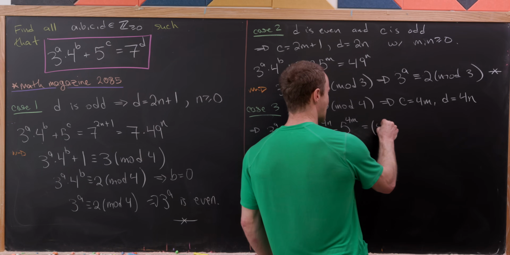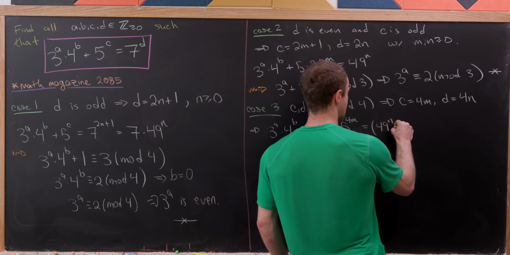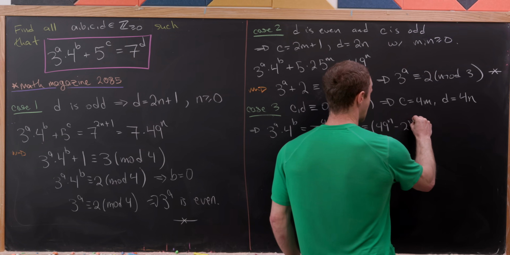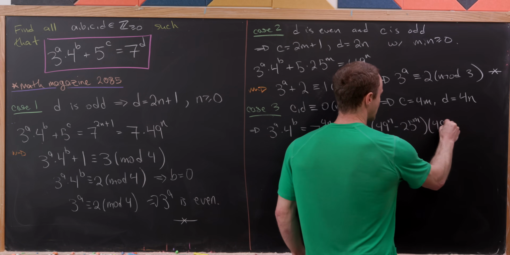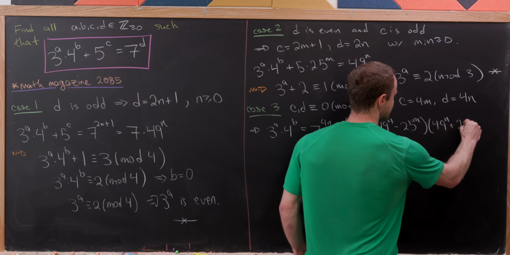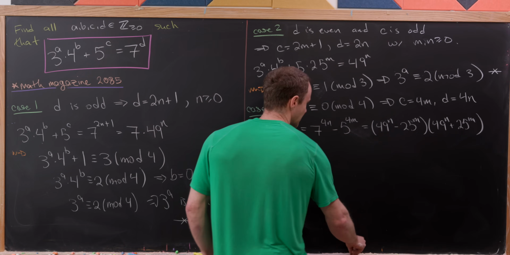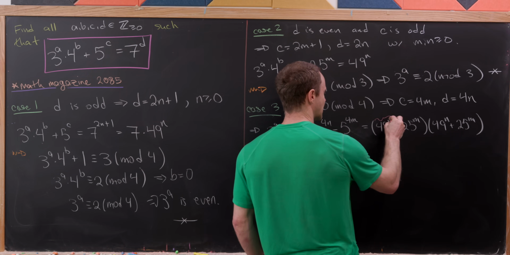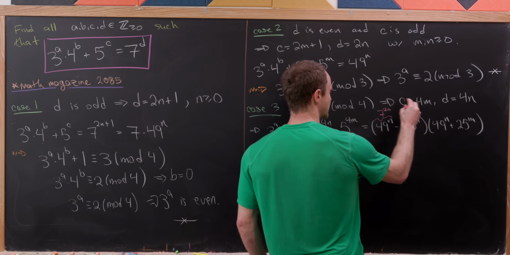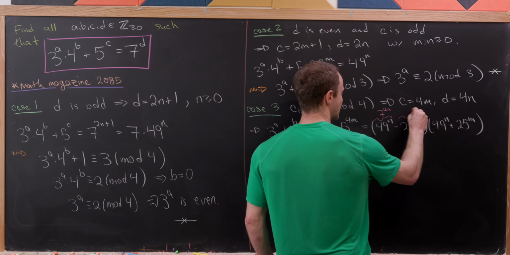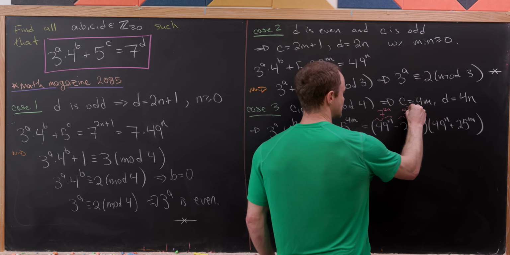So I'm going to write this as 49 to the n minus 25 to the m, and then 49 to the n plus 25 to the m. Just keeping in mind here that I'm really thinking about this 49 as 7 to the 2n, and then this 25 to the m as 5 to the 2m.